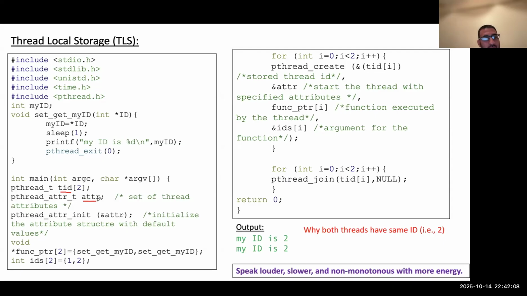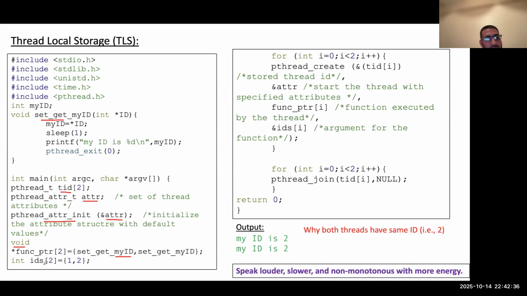Then we have a variable to store the default attributes of a thread. We initialize that variable by calling the function pthread_attr_init, and then we create an array of function pointers. It is an array of type void star, with two elements, and both elements hold the address of the same function, which is set_get_my_id.